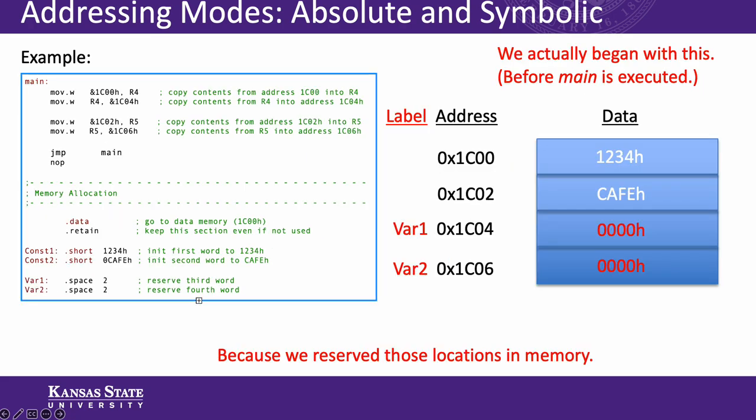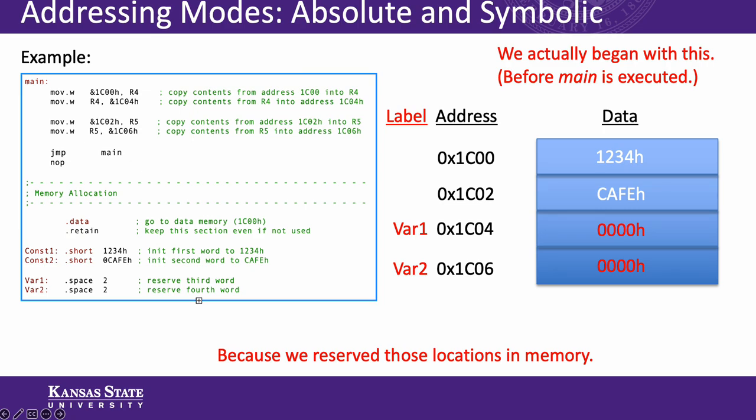What we actually did is we started with this memory map, and this is before main is executed. Those two addresses in memory where I have the commented reserve third word, reserve fourth word, 1C04 and 1C06 respectively, we reserved them with those two lines.